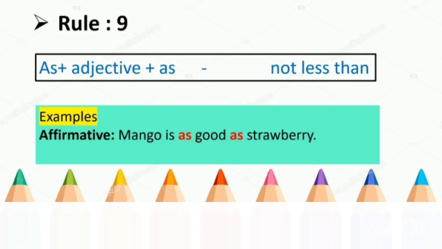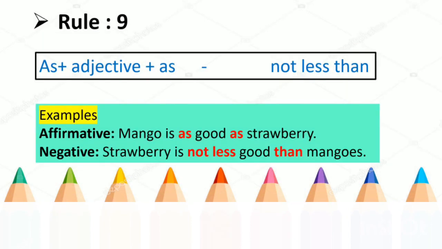That means strawberry is not less good than mangoes, means it is equally good. So what we have done, we have replaced as with not less than. As we have used the word not, it has become negative also, and we have used the words less than so that its meaning does not get changed.